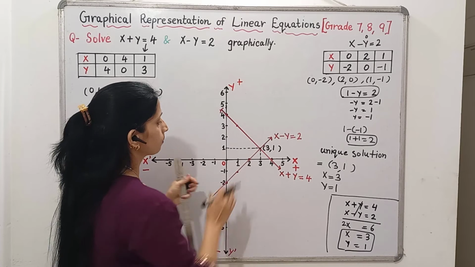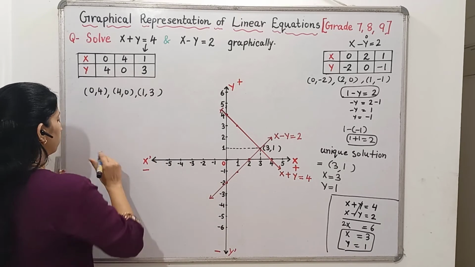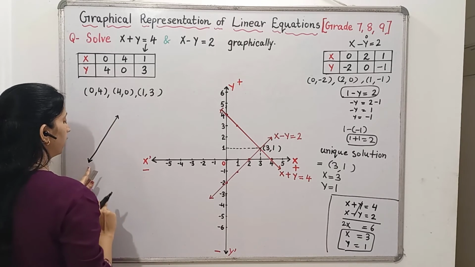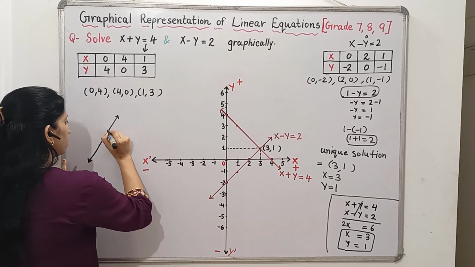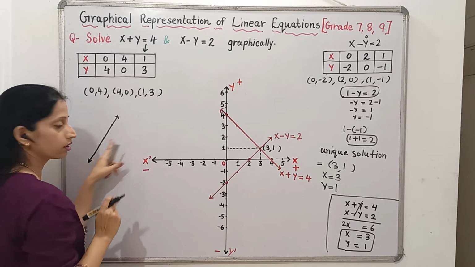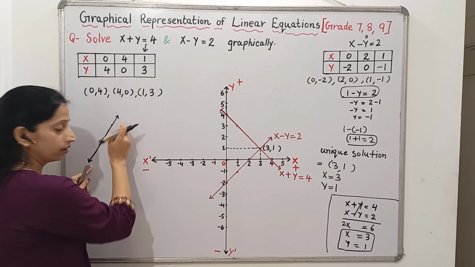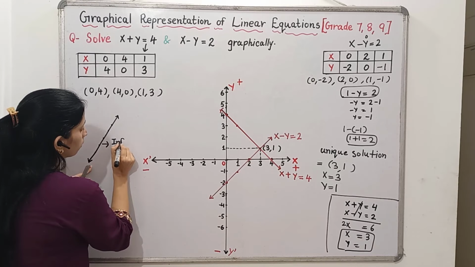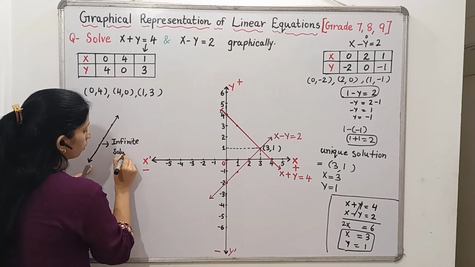Suppose we are drawing the graph for any given equation like this, and then we draw the graph for another equation and the points coincide on each other. This means one line is overlapping on the other line, and that will have infinite number of solutions. Infinite solutions.